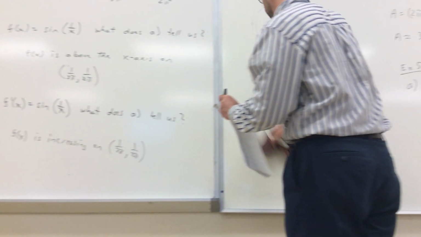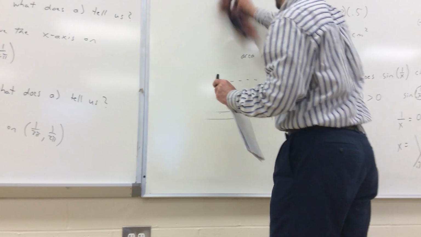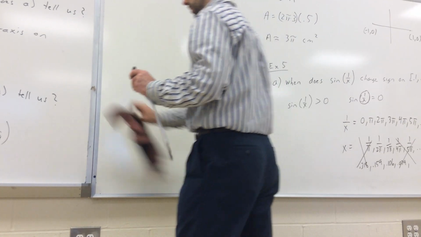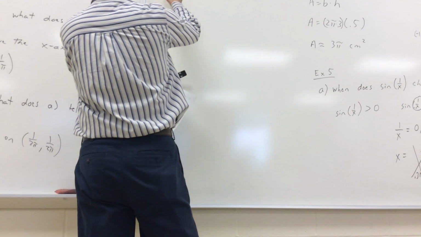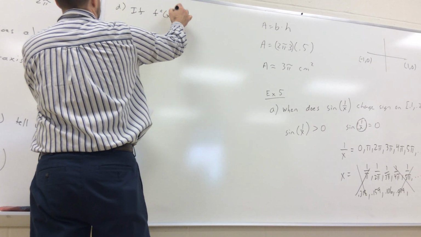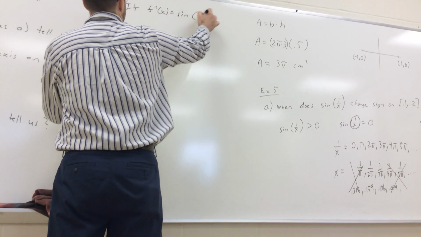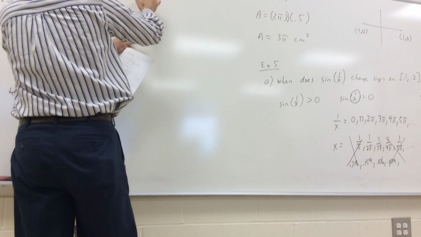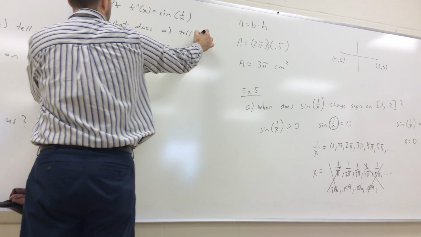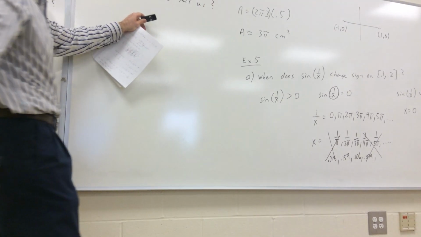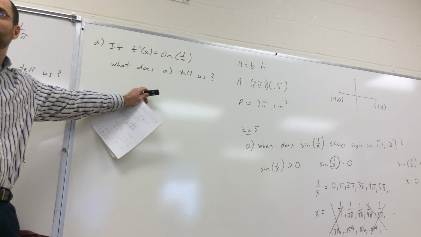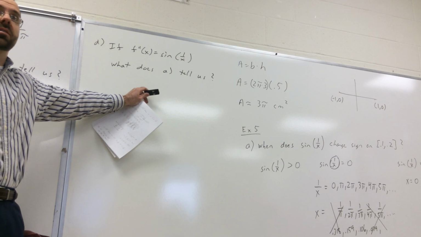So then my final question is, what if f double prime equals the sine of 1 over x? So if f double prime equals sine of 1 over x, what does part A tell me?